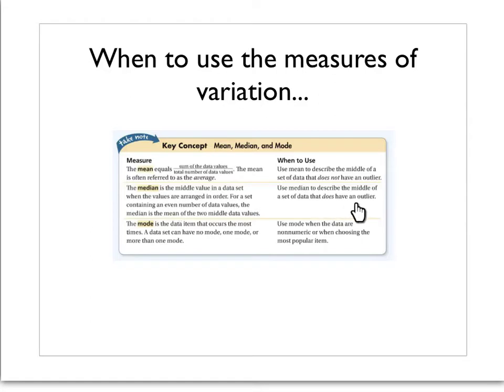That one is good when there is an outlier. That way the outlier that's far on the end to the right or left, far greater or far less than the rest of the values, won't affect that value too much, if at all. So the median is for when there is an outlier. The mode is for when your data is non-numeric or when you're choosing a most popular item, like if my survey was favorite ice cream flavor. So just a quick review on when to use each one.